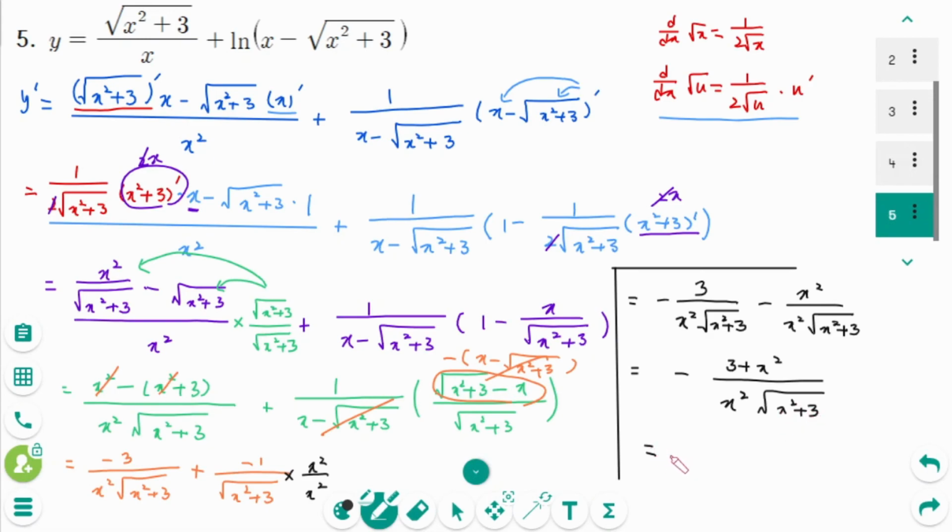The final answer is minus square root of x squared plus 3 over x squared.